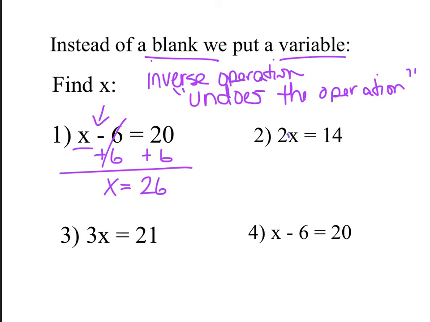So the inverse operation for multiplication is division. So we divide by 2. So all we're trying to do when we're solving is we're trying to get the x all by itself. So we're trying to get rid of everything that's near the x. So here, 3 times x is 21.